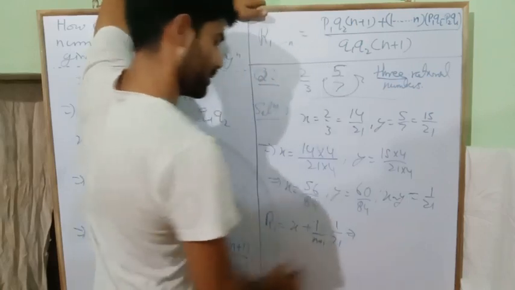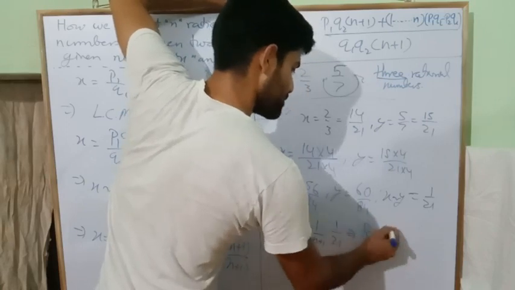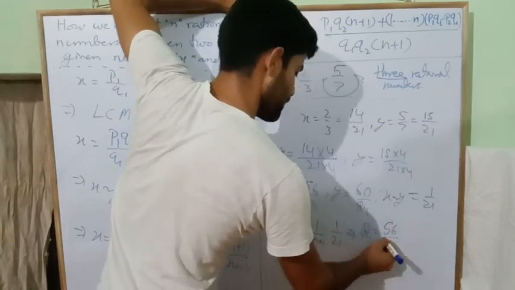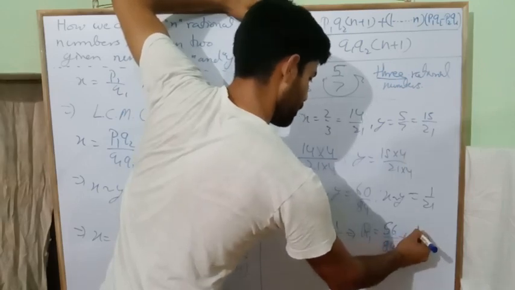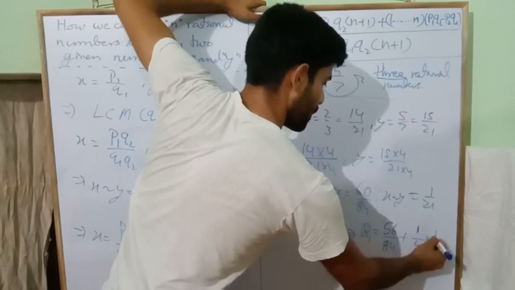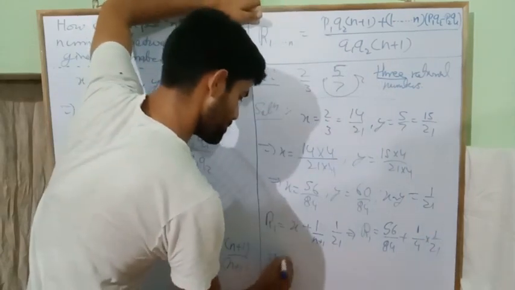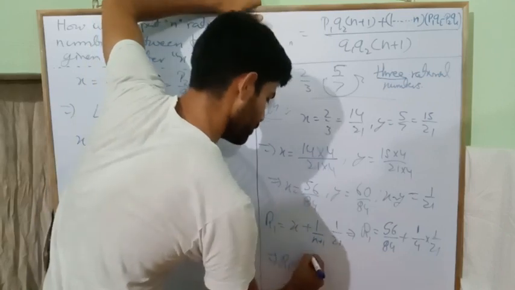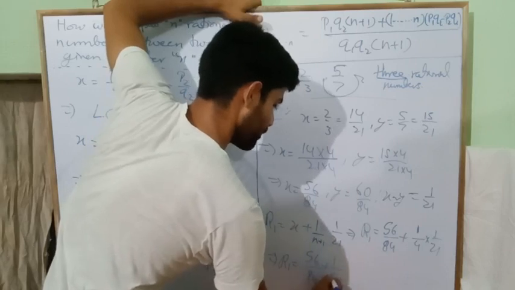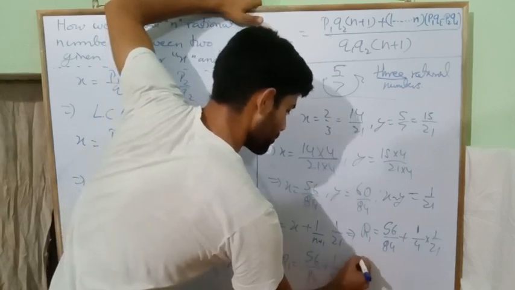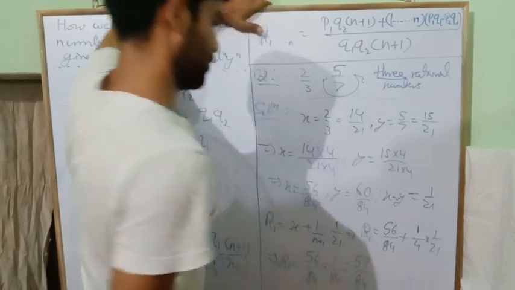Therefore R1 is equal to 56 by 84 plus 1 upon 4 into 1 upon 21, which gives R1 is equal to 56 by 84 plus 1 by 84, that is equal to 57 by 84.